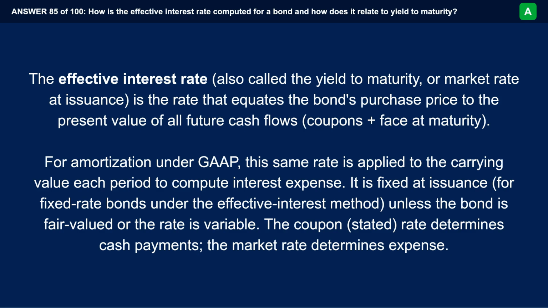For amortization under GAAP, this same rate is applied to the carrying value each period to compute interest expense. It is fixed at issuance for fixed-rate bonds under the effective interest method, unless the bond is fair valued or the rate is variable. The coupon stated rate determines cash payments, the market rate determines expense.